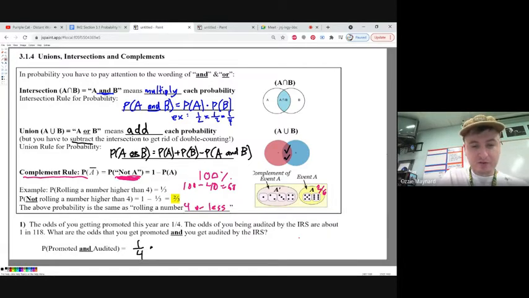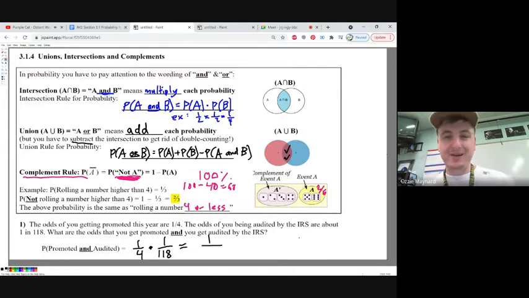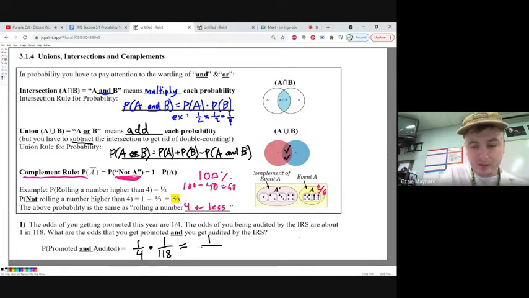So just like it says here, we need to multiply 1/4 times 1 over 118. I know 1 times 1 is 1. What is 4 times 118? It's 472. All right, so that is our answer as a fraction.